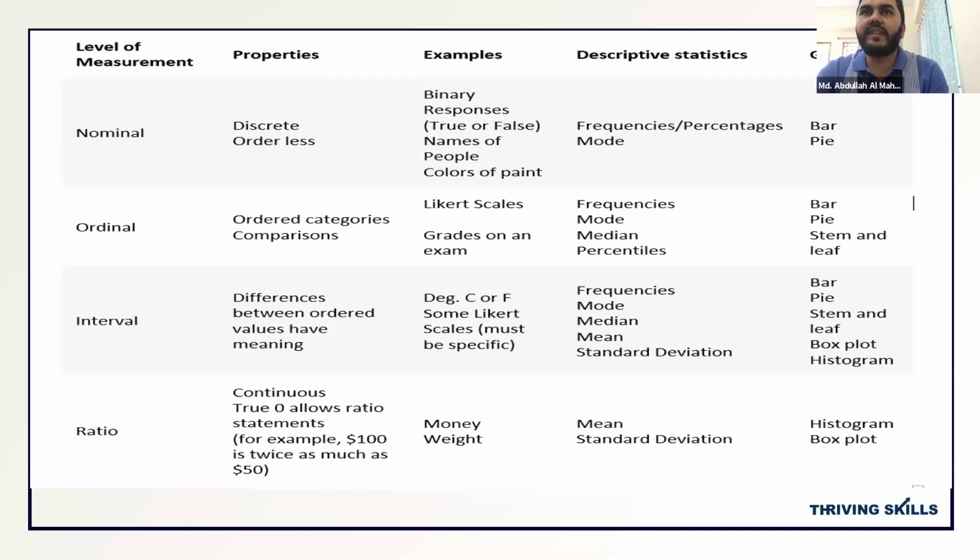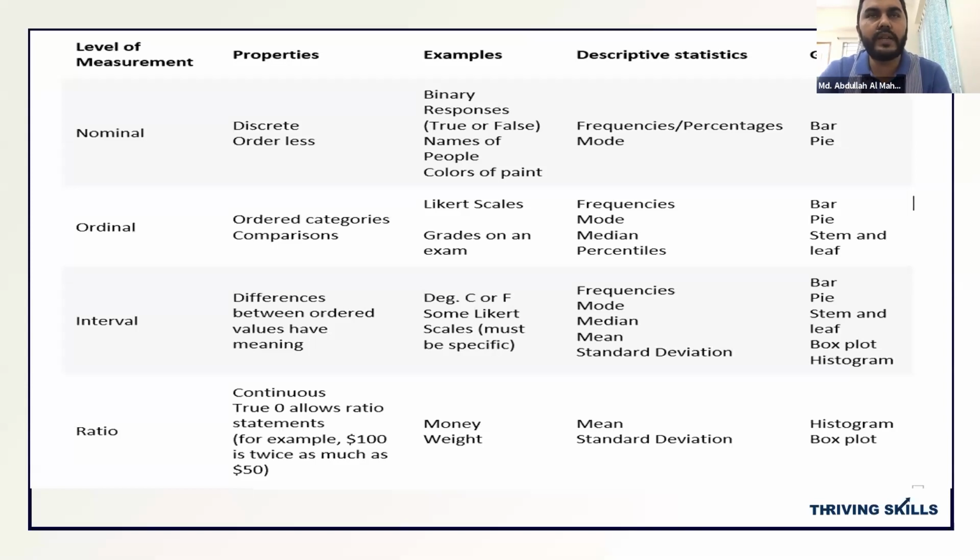As you see, in case of nominal, this is discrete. Discrete means that it can be defined. Like if we talk about binary, digital works through digits.